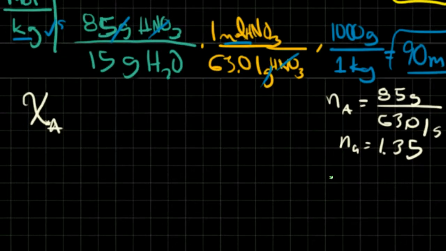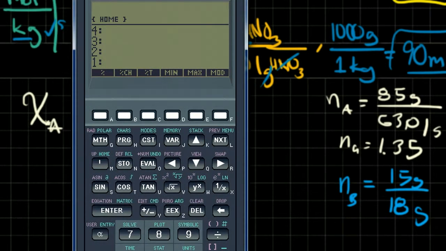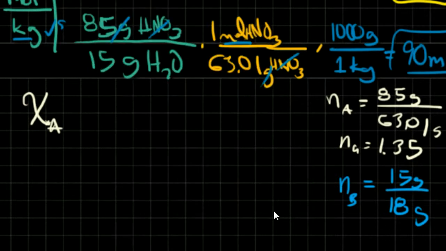So N_B is going to be equal to 15 grams of water, and that's 18.02 grams per mole. So I say 15 grams divided by 18, and that gives me 0.83 moles.